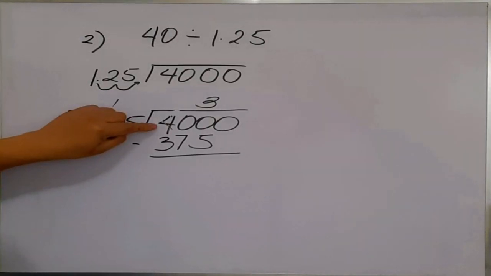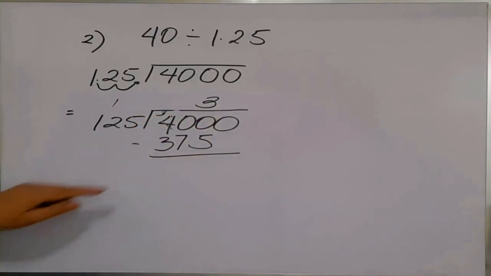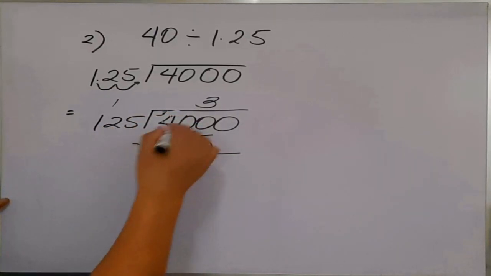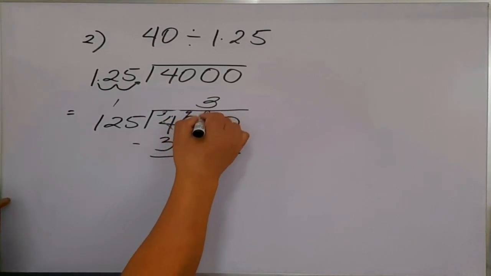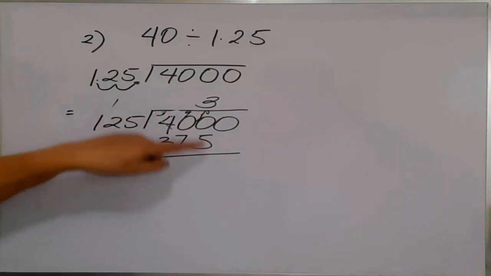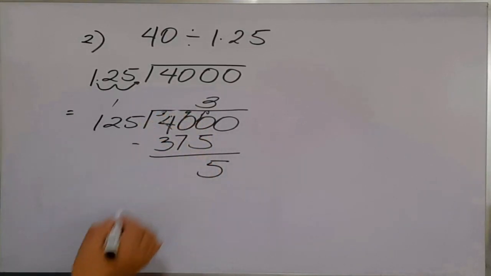We borrowed 1 from here, that becomes 3. And this becomes 10, and we borrow 1, magiging 9, and this becomes 10. Okay? So 10 minus 5 is 5. 9 minus 7 is 2. And 3 minus 3 is 0.